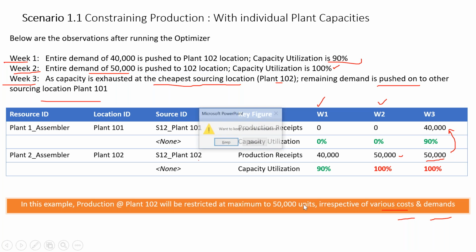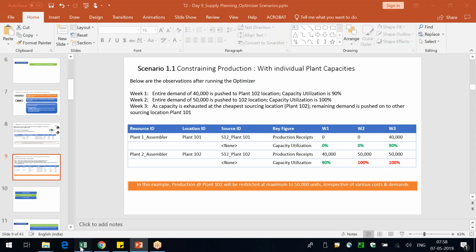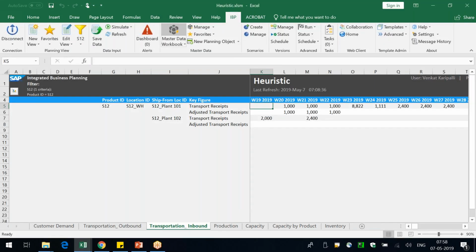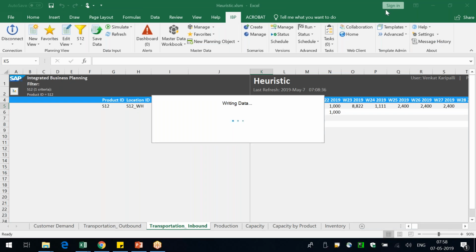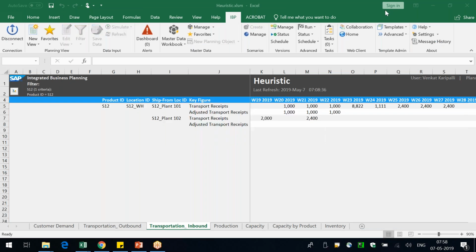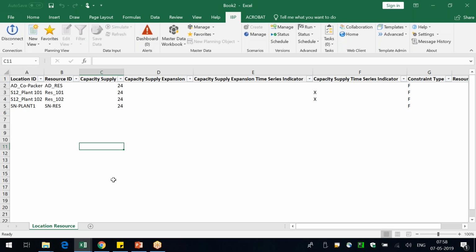So for example, in the location resource master data, you can see here, this is a location.